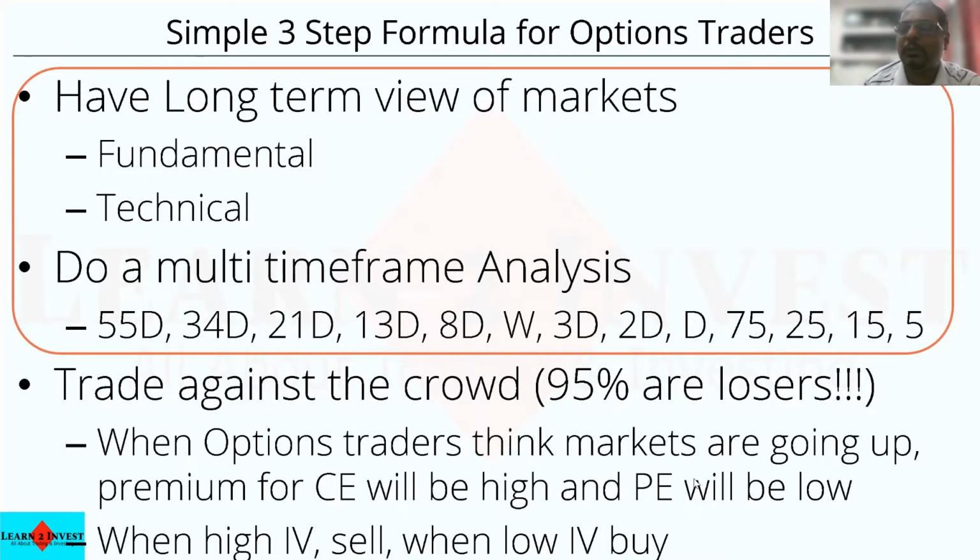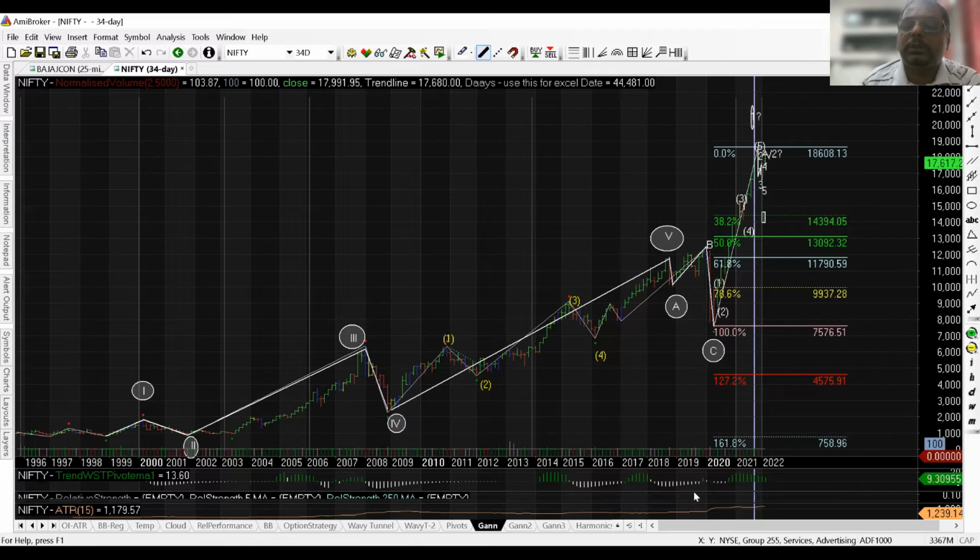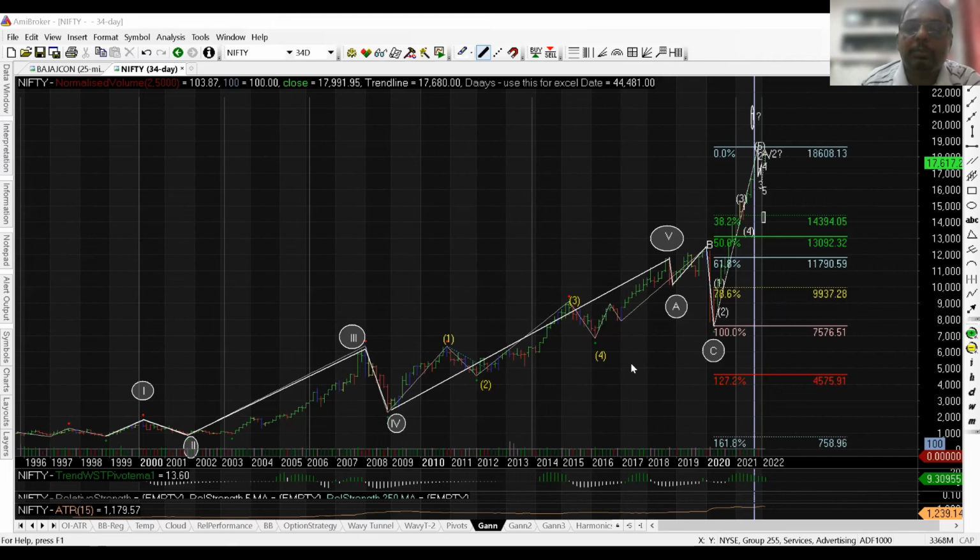You could use whatever you want. It really does not matter. Okay, so the way I look at it, it says my screen sharing is paused. Let me just try one more time. Stop share and share screen, AmiBroker. Okay, so I hope you are able to see my AmiBroker.